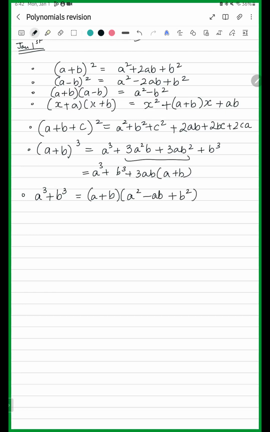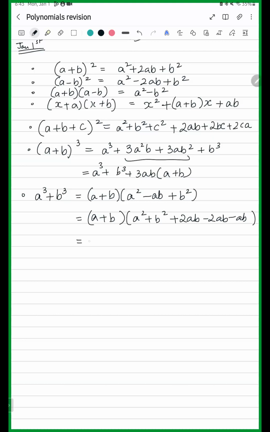Or in other words, (a + b) into, if you write this as a square plus b square, and you try to do here plus 2ab and minus 2ab minus ab. Why I'm doing this, you'll come to know.